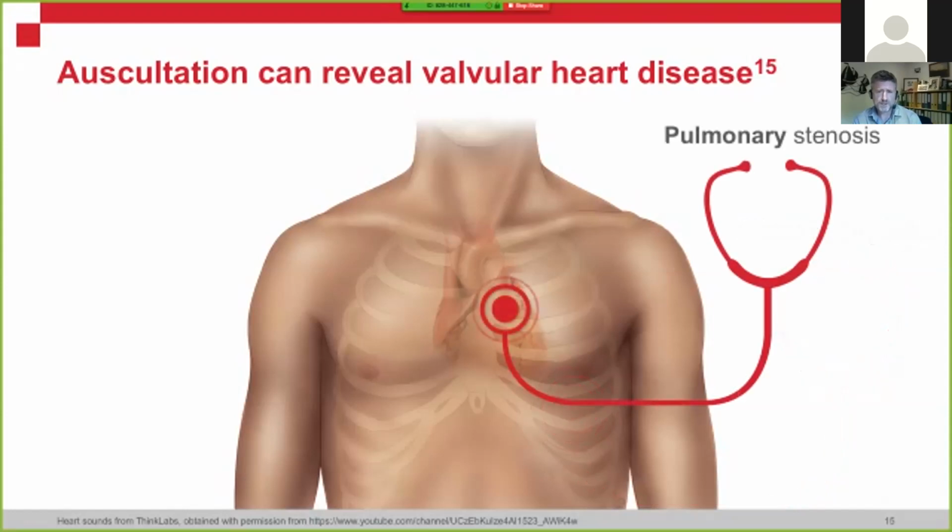Pulmonary stenosis. Again, not quite as pronounced or harsh as the aortic murmurs.